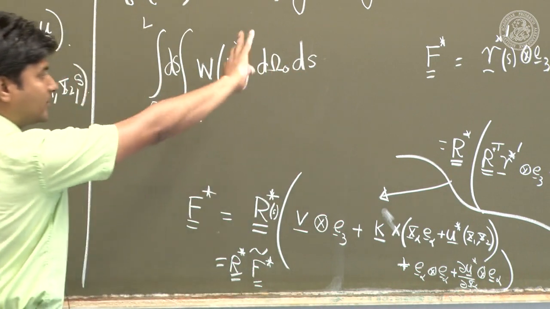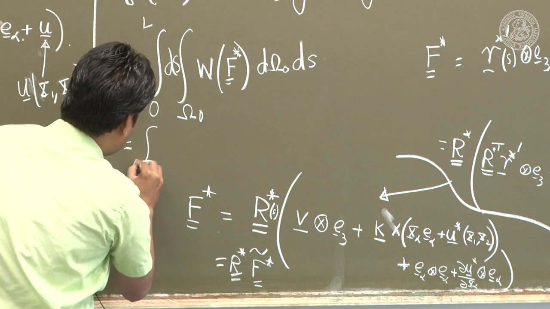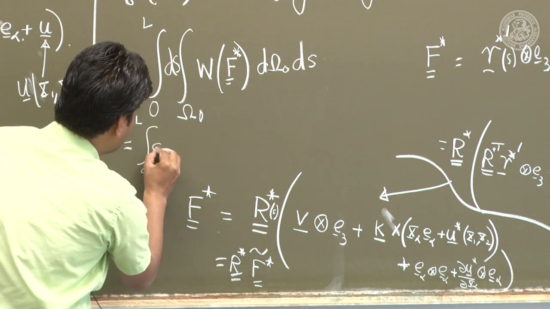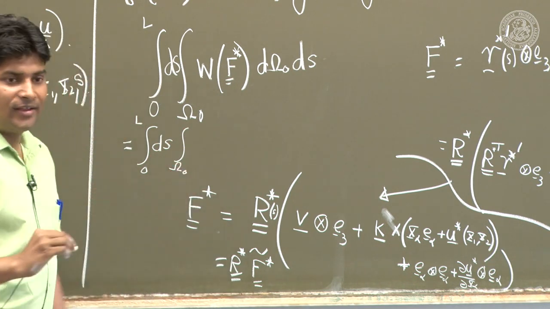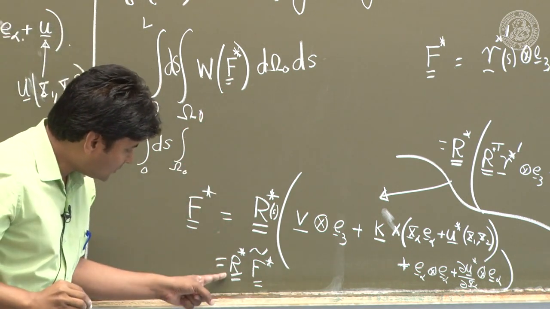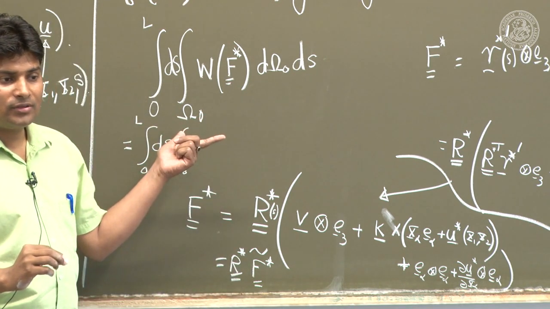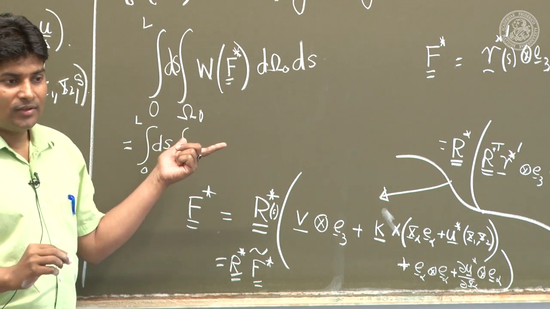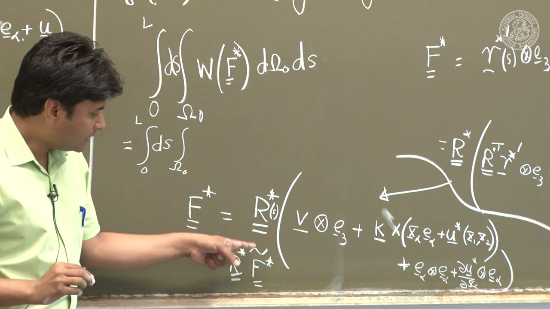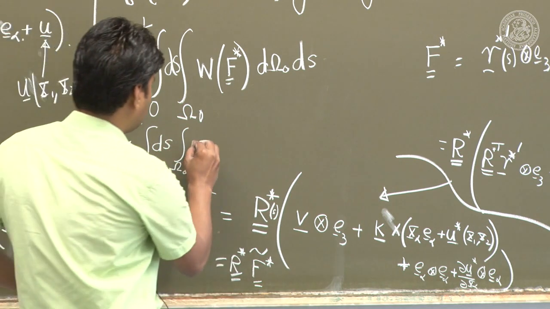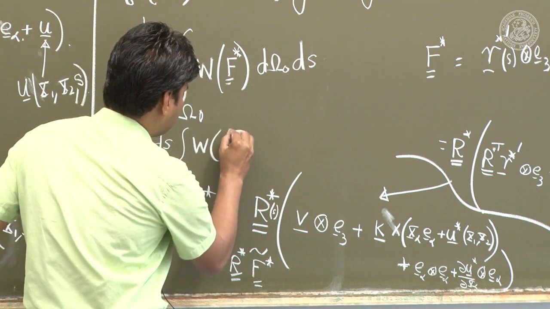I've really messed it up. I don't have space to write, but I hope you are not confused. ds omega naught. And you see this F star is big R star into F tilde star. But the energy function is always frame indifferent. So W of F star will be same as W of F tilde star, isn't it? The energy function is always frame indifferent. So F tilde star.